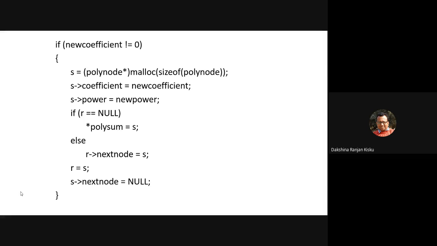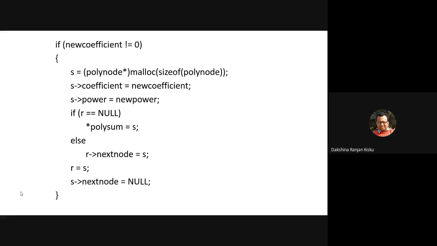Okay, and then we can assign the new coefficient and new power to s coefficient and s power. So here s coefficient will represent the coefficient part of the new node, and s power will represent the exponent part of the new node.